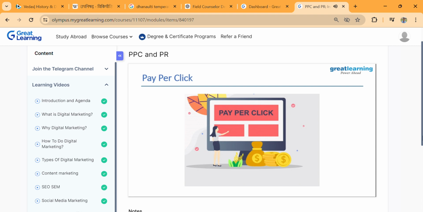So how does this work? Let me give you another example. When you talk about something like Google, Google has certain keywords that are trending and there's a lot of competition there. So what Google would say is, if you want to rank for this keyword, why don't you pay me a number of units of money for a particular click?